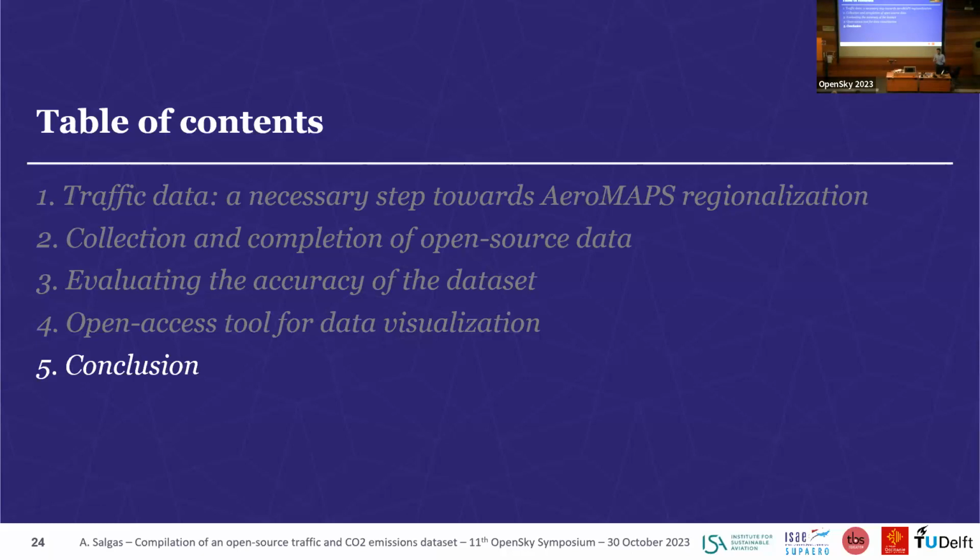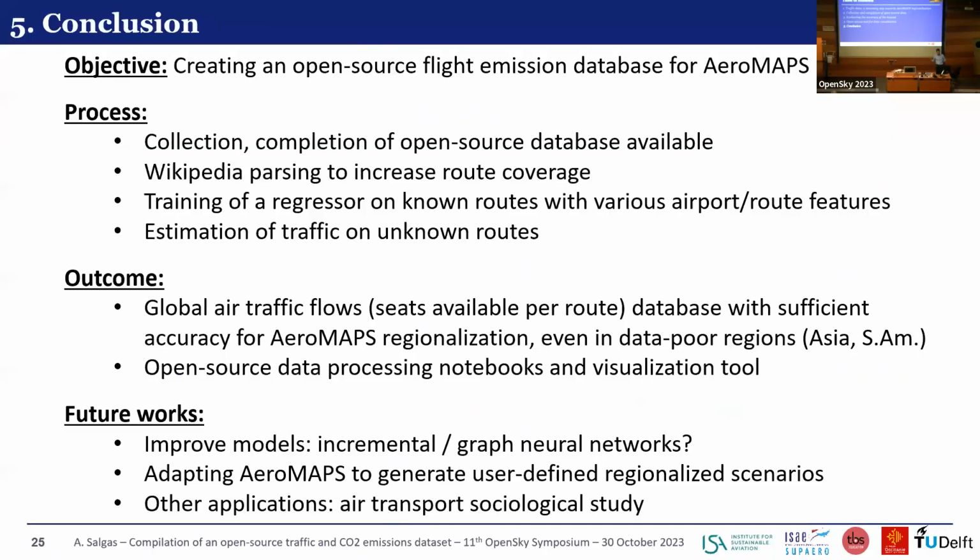Now, a few words to end this presentation. Going back to the objective and the aims of this work, it was to create a flight emission database for Aeromaps, as open source as possible, to enable us to do custom analysis of decarbonization scenarios on Aeromaps.